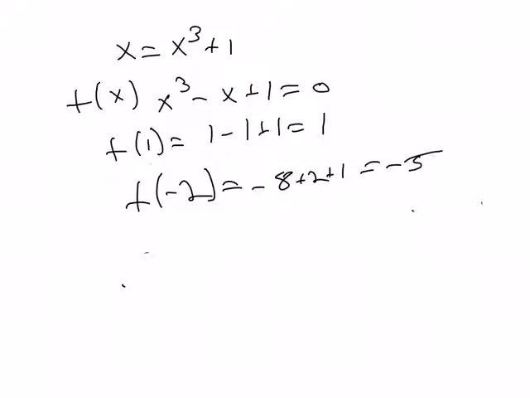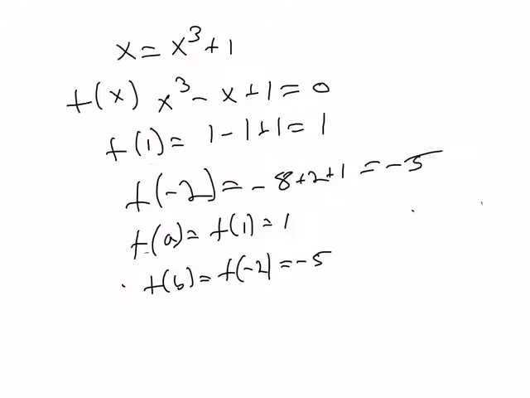Okay, so now again, f of a equals f of 1 equals 1, and f of b equals f of negative 2 is equal to negative 5.